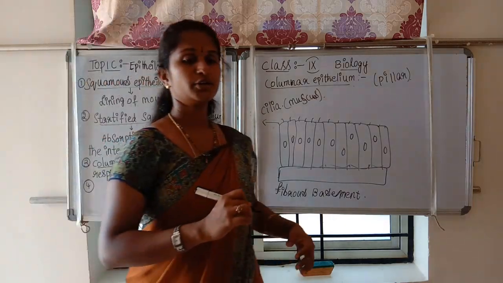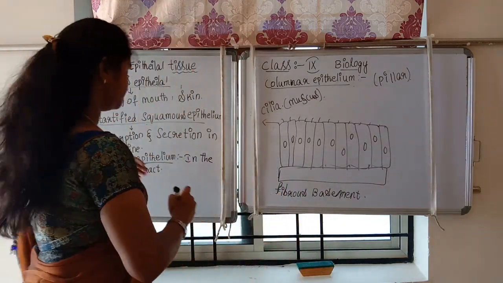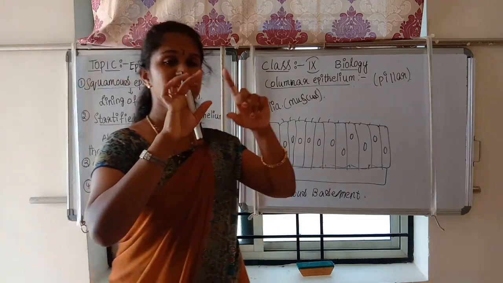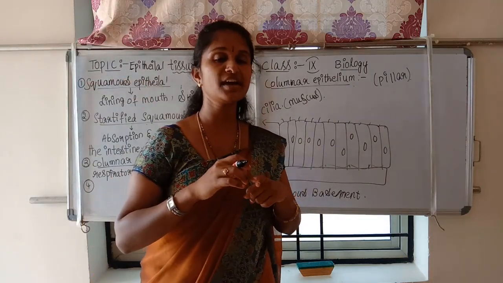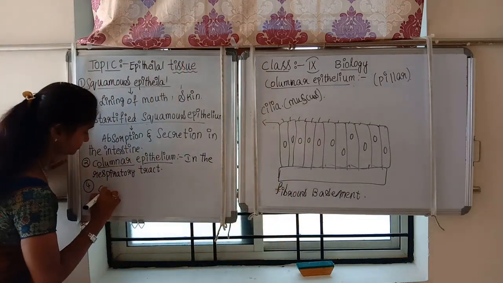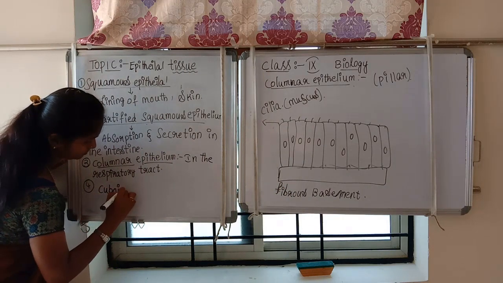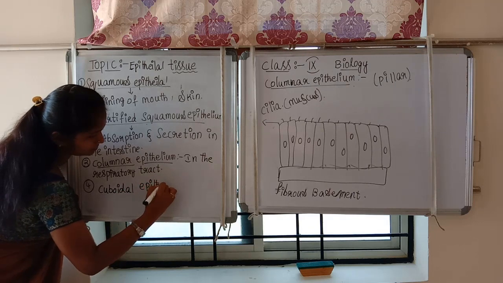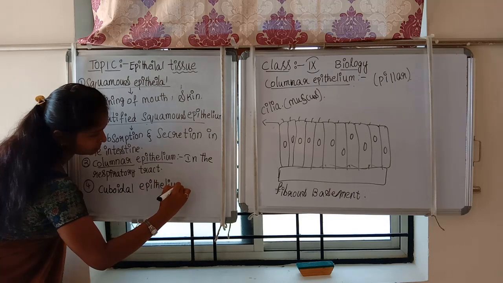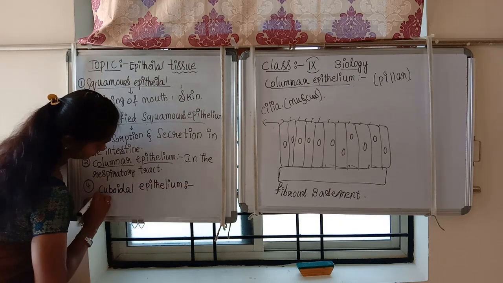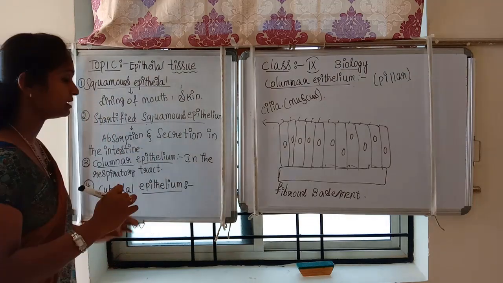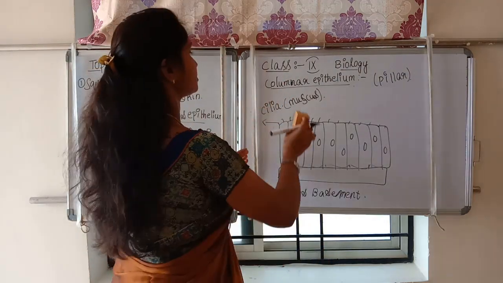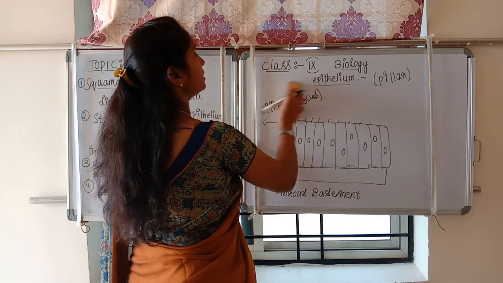And next, fourth one. Cuboidal epithelium. Cuboid means cuboid shape. They look like a cuboid. Now we will see the structure of cuboidal epithelium.